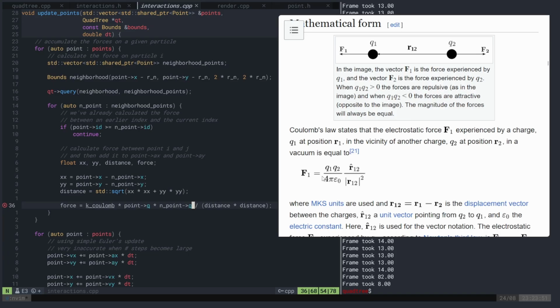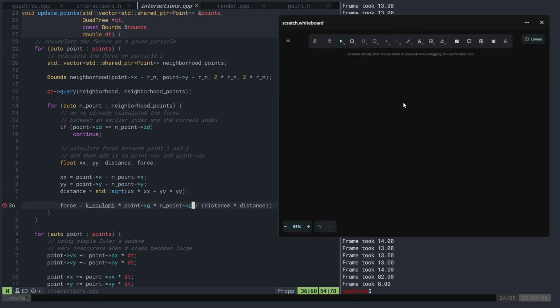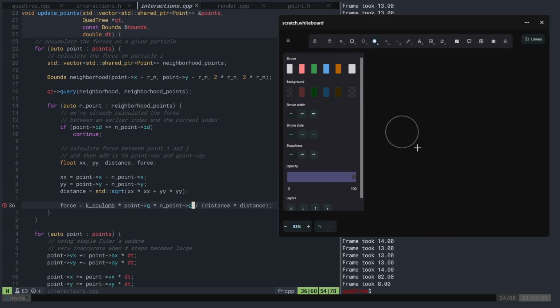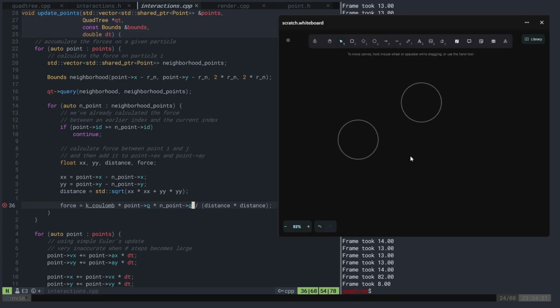And now to break our force into that vector form, we just need to convert this into R1 and R2. So let's see what that looks like. Let me bring up a quick scratchpad. So let's say we have our point 1 here, and then we have our point 2 here. Let's just make this a little bigger.